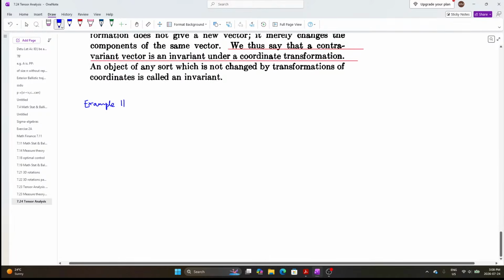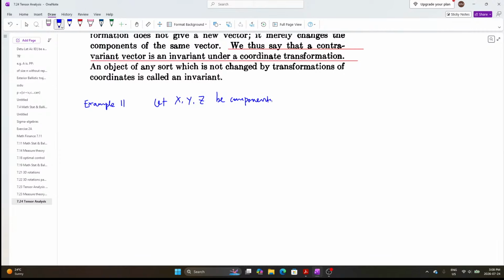Example 11 says: let x, y, z, big X, big Y, big Z be components of a contravariant vector in Euclidean space E3.